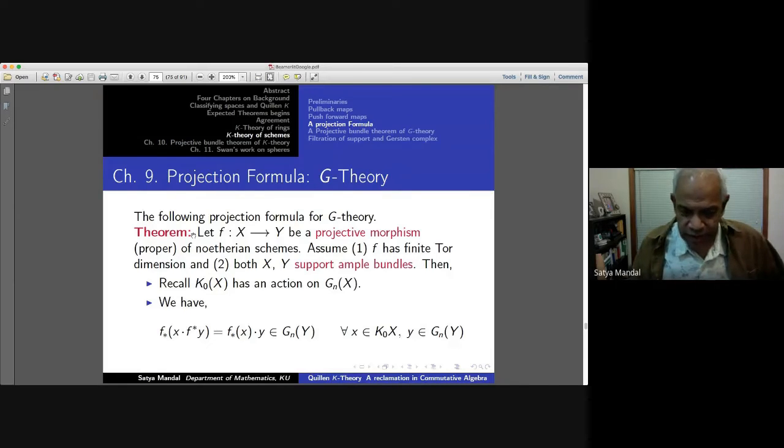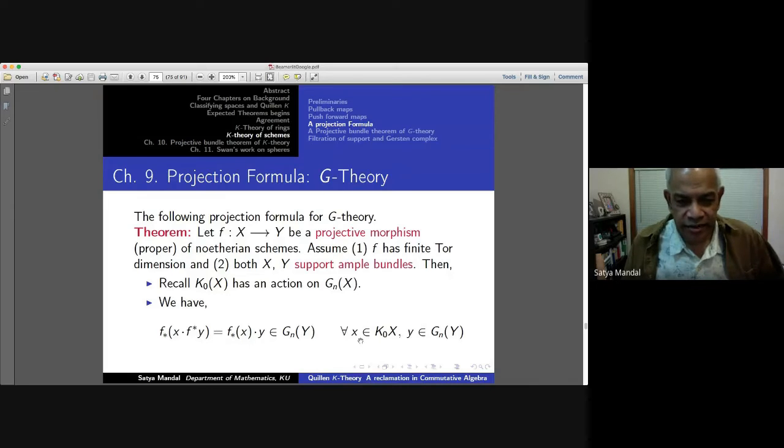They write a lot about Chern classes, Chow groups and everything. Projection formulas are important things. So f_*(x · y) is x · f_*(y) for all x in K0.